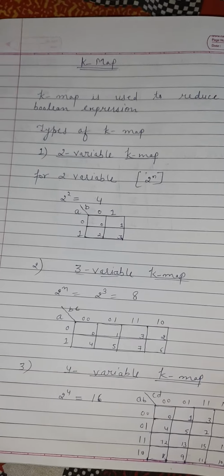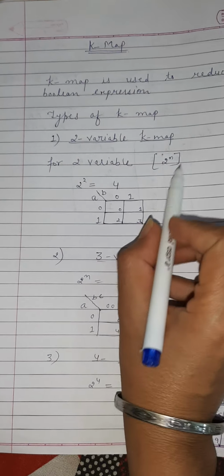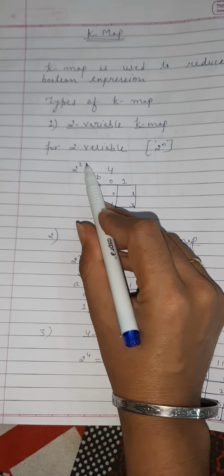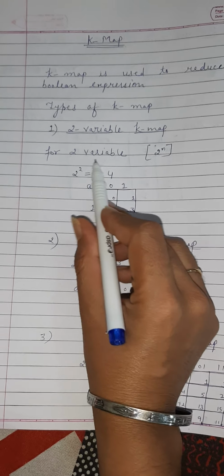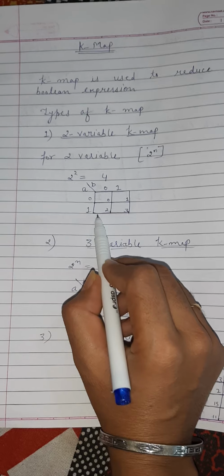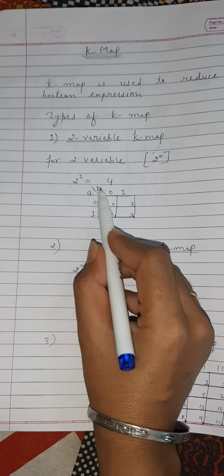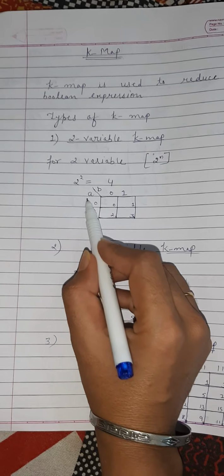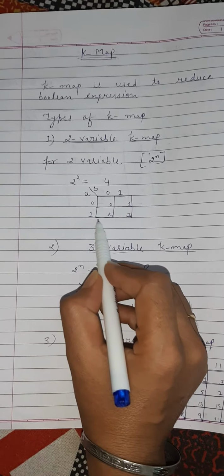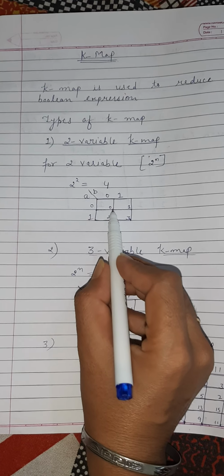So starting with the 2 variable K-map, for 2 variables we know the formula 2 raised to power n. For 2 variables, 2 raised to power 2 is equal to 4. That means we have to build a 4 box K-map, and for the 4 boxes we take 2 variables, a and b. We will write a and b like this and create a K-map of 4 boxes, and each box will have a number.